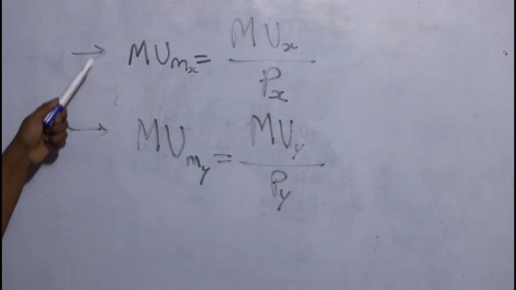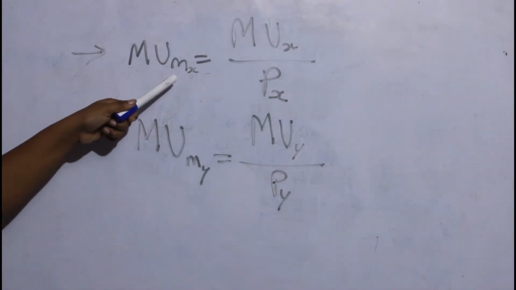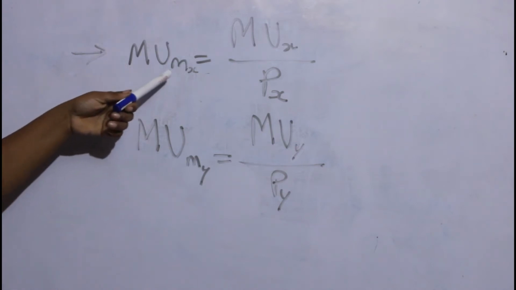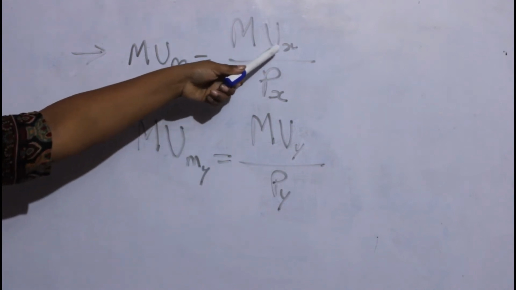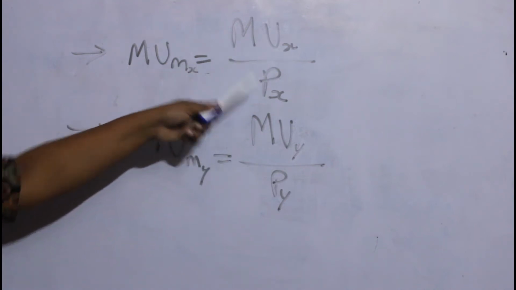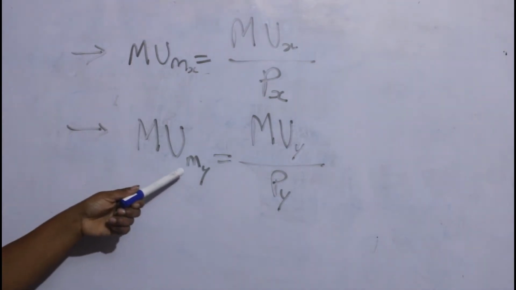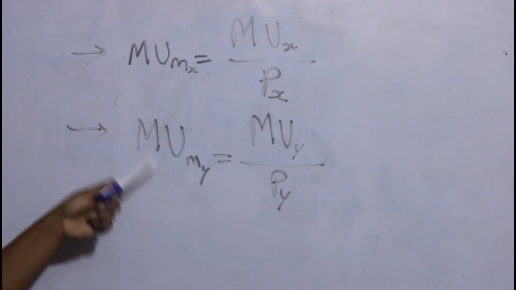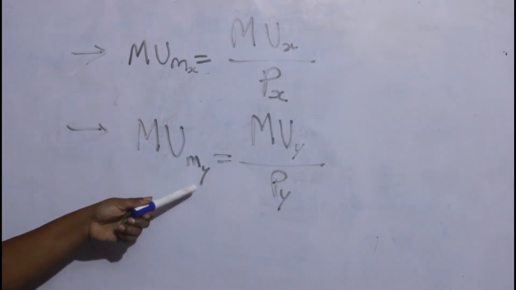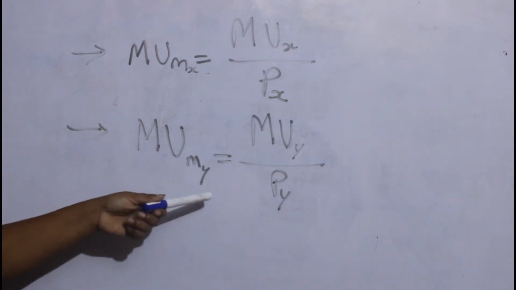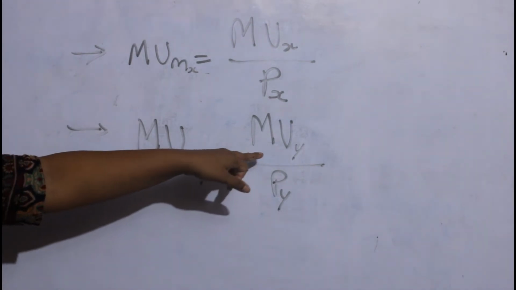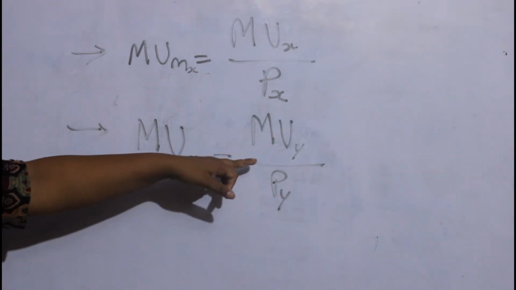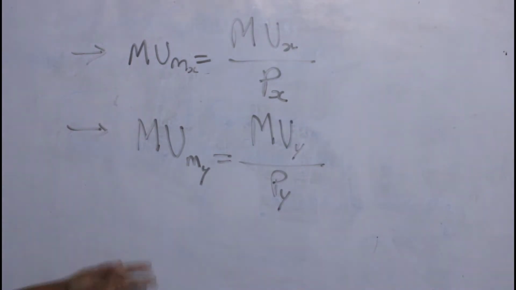On this whiteboard, the marginal utility of money spent on X is shown by MU subscript M of X, and this will be equal to marginal utility of X upon price of X. The marginal utility of the last rupee spent on Y is shown by MU_M of Y, and this will be equal to marginal utility of Y upon price of Y, or PY.